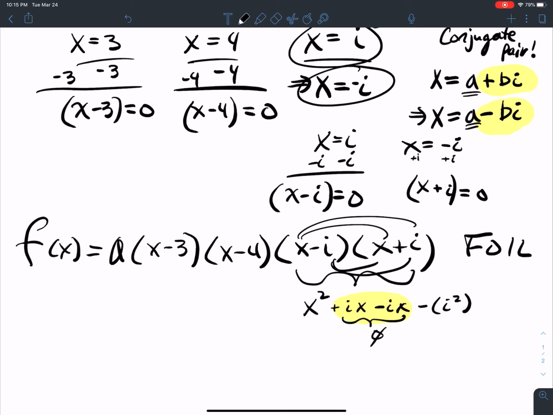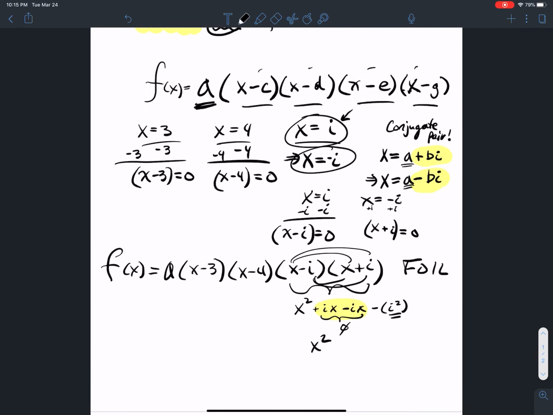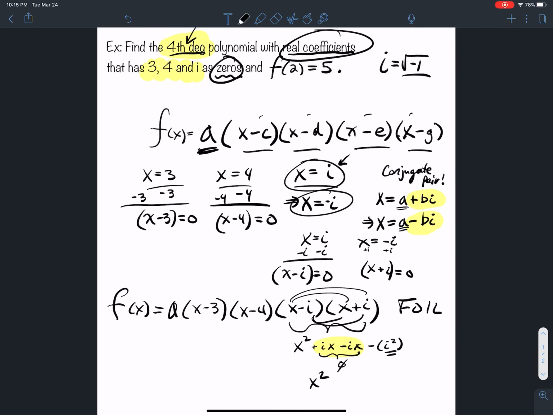This goes to 0. So I get x squared, but then what is i squared? Well, if you think back, i is equal to the square root of negative 1. So i squared is the square root of negative 1 squared, which is negative 1. The square root cancels the square, and I just get negative 1.